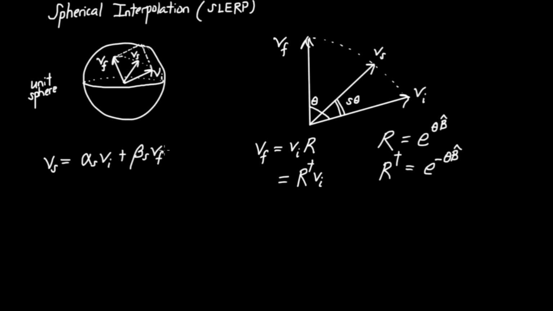This is something we're going to use in our derivation where we try to find the right linear combination to use. That if I want to swap the order of vi and r, I can do so. I just have to include that conjugate or the dagger in that rotor. If you've forgotten why I can do this algebraically, what I encourage you to do is just expand this stuff out. Expand out vi times e to the theta times b hat using Euler's formula.